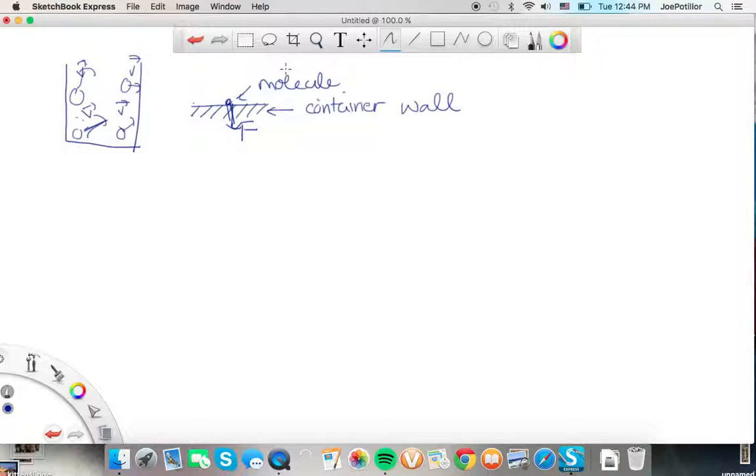So, similarly to what we talked about a few chapters ago, when we were talking about solids, we talked about a quantity called stress, right? And the stress quantity is the ratio of force to its surface area. Okay. Where this is force and this is surface area. Okay.